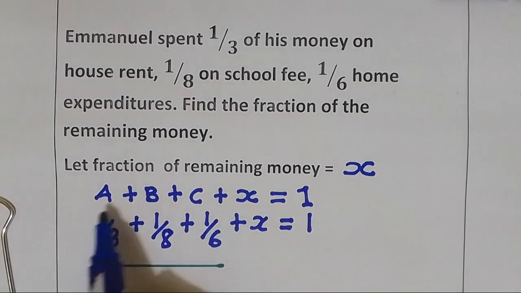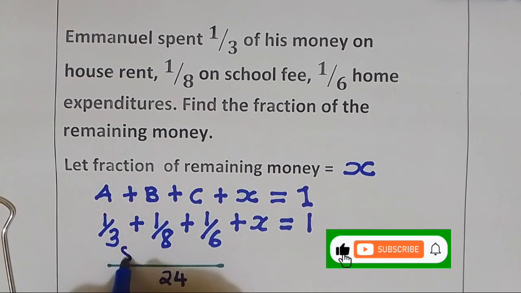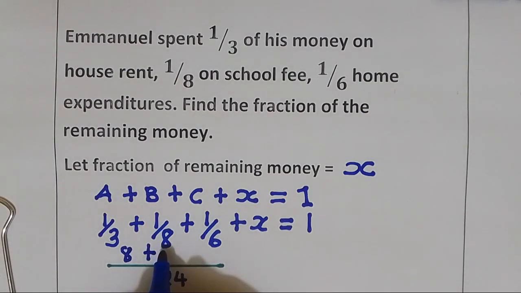We are going to add these fractions here, 1/3 plus 1/8 plus 1/6. The LCM of 3, 8, and 6 is 24. 24 divided by 3, we get 8. 8 times 1, we get 8. Plus 24 divided by 8, we get 3. 3 times 1, we get 3.